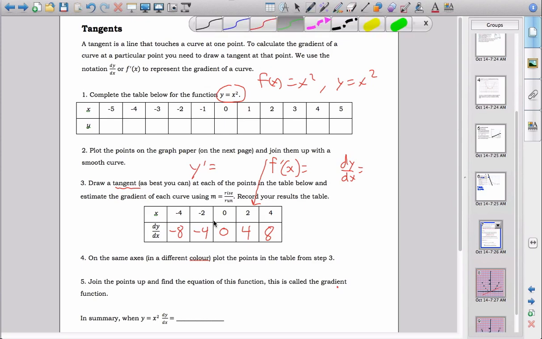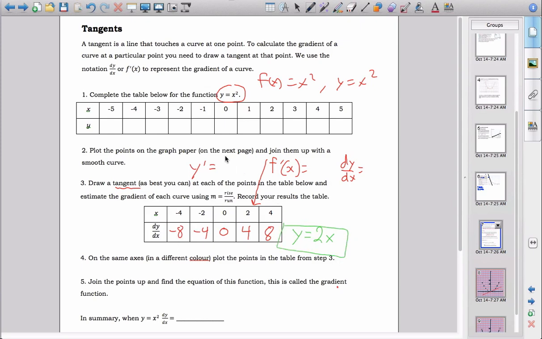If we look at the tangent line, when x equals 0, the slope is 0. When x equals 2, the slope is 4. When x equals 4, the slope is 8. You can see the pattern here. You can represent these numbers by the equation y equals 2x. All these numbers are twice the x value. So y equals 2x is the equation of the derivative, or the equation of the gradient of the tangent line, which is saying the same thing.